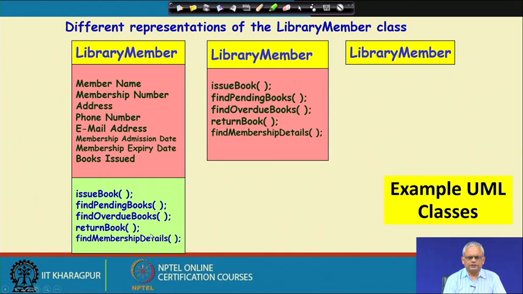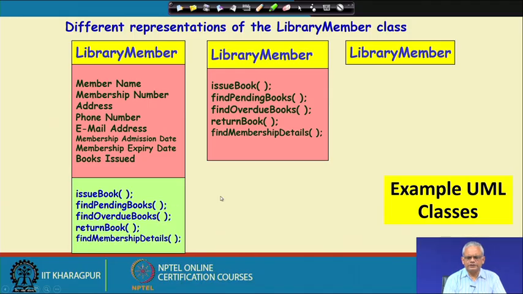But one would ask when does one use which representation: when does one use the name of the class, when does one use the name with the operations, and when does one use the full representation using the name, attributes, and operations?